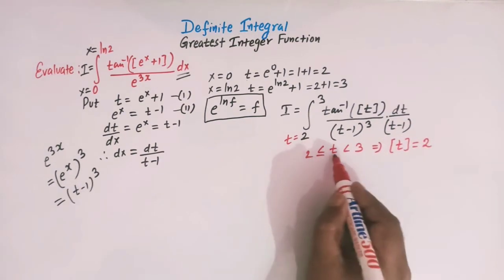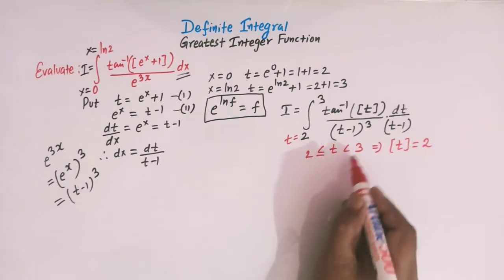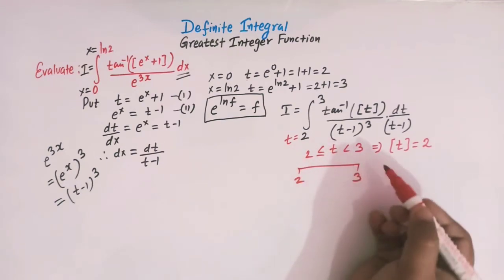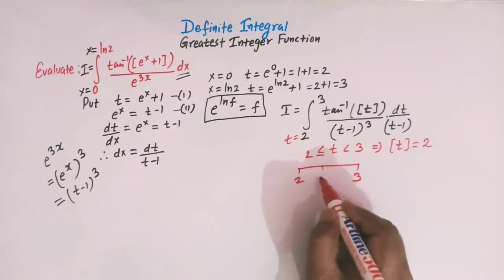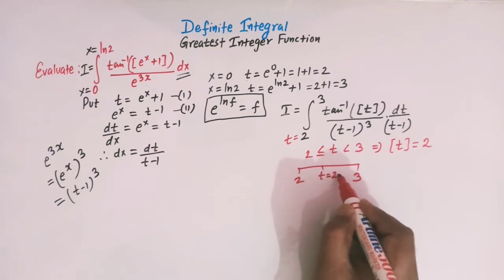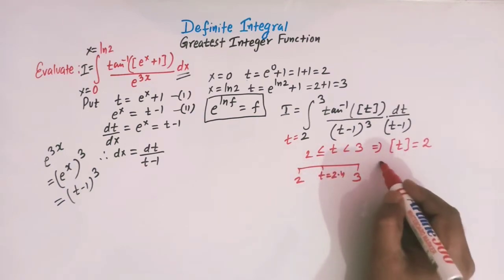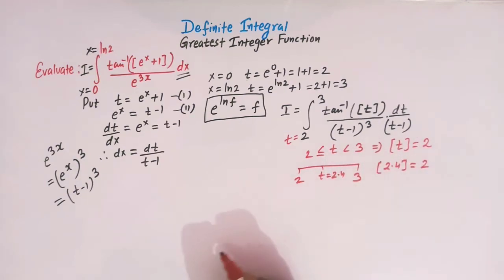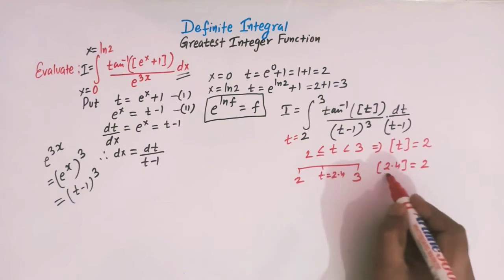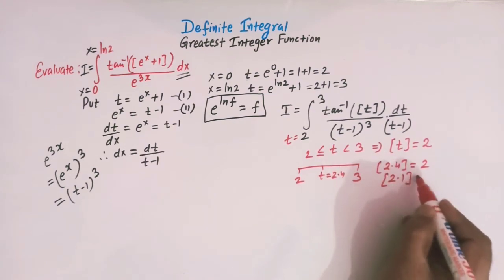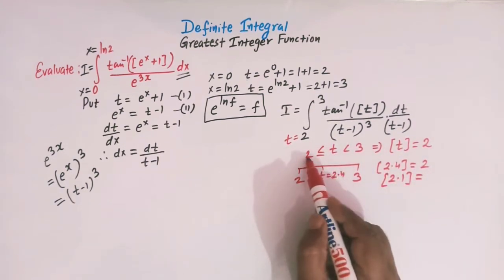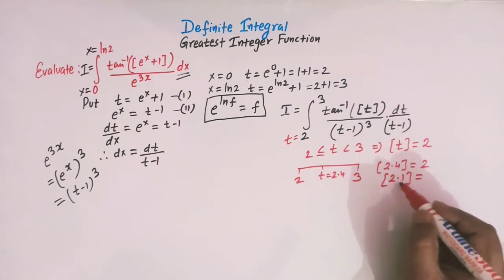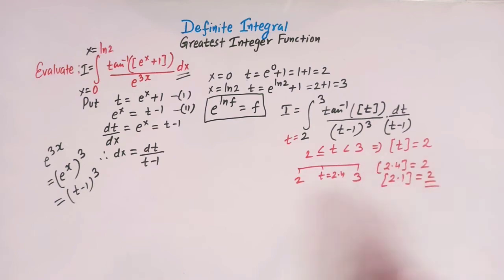Because t lies between 2 and 3, if we take for example t equal to 2.4, the greatest integer of 2.4 is 2. Similarly, if we take 2.1, which is greater than 2 but less than 3, the greatest integer of 2.1 is 2.